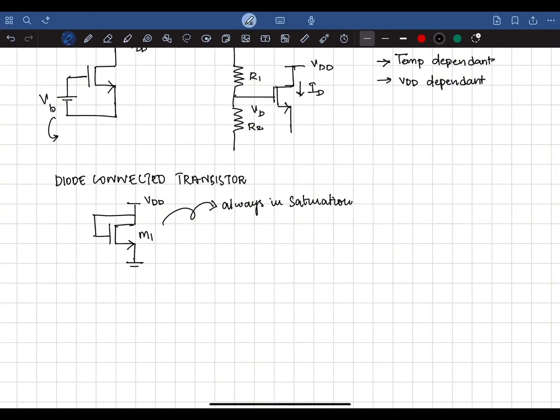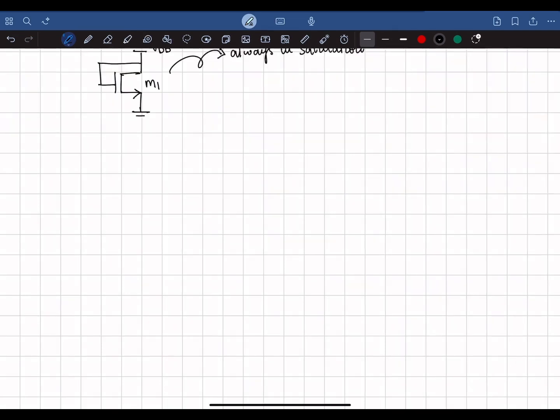A transistor is in saturation when the drain source voltage is at least the gate source voltage minus the threshold voltage. In case of a diode connected transistor, the gate and the drain are shorted together, so this forces the drain source voltage to be the gate source voltage minus the threshold voltage. This is how a diode connected transistor always remains in saturation.